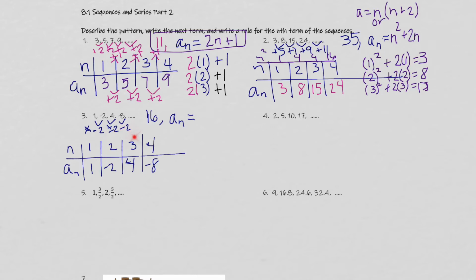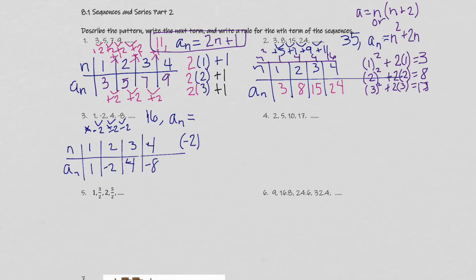So if you think back to our functions, when we were multiplying by a ratio, the thing that changed it was that it was exponential and it had a base. So let's look at that and see what happens. If I was to try negative 2 to the n, that would give me negative 2 if n was 1.